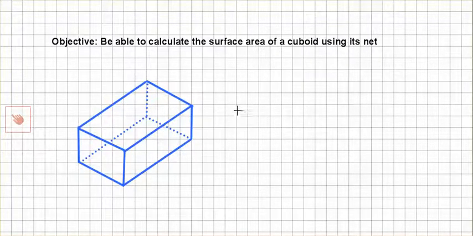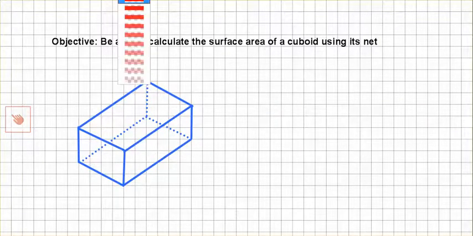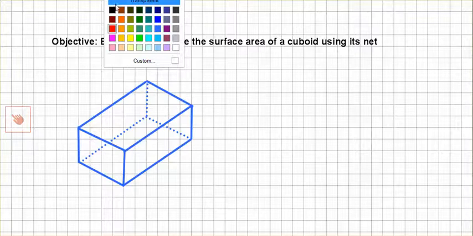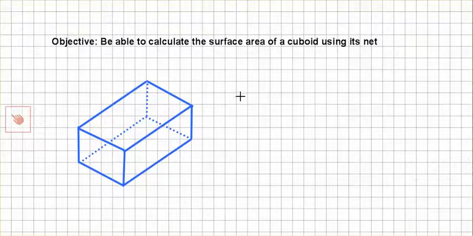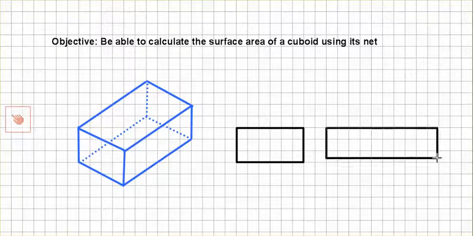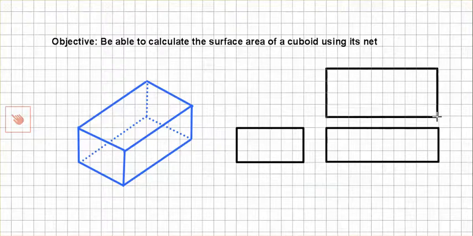So I know the front elevation will just be a rectangle. Happy with that? Yes. I know the side elevation will be another rectangle. I know the plan is another rectangle. Okay?